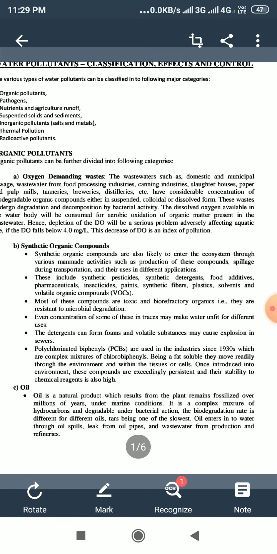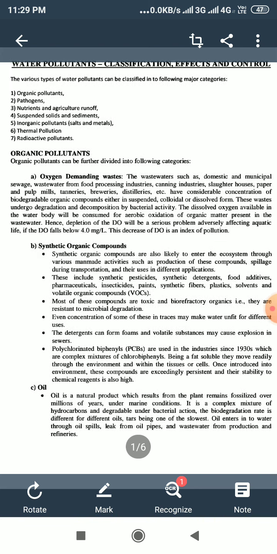The wastewater such as domestic and municipal sewage water, wastewater from food processing industries, canning industries, slaughterhouses, paper and pulp mills, tanneries, breweries, distilleries, etc. have considerable concentration of biodegradable organic compounds either in suspended, colloidal, or dissolved form.